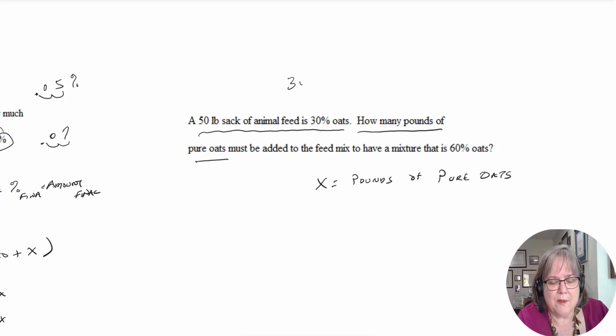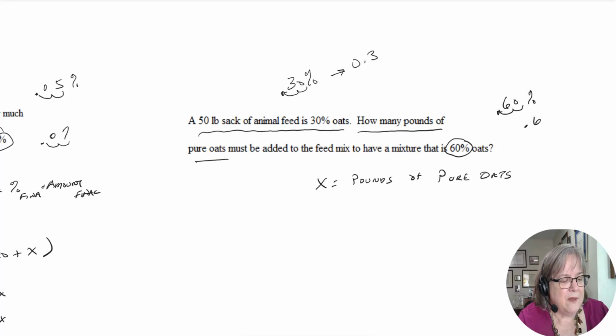You move the decimal 2 places to the left and drop the percentage sign. So this would be 0.3. What does 60% look like as a decimal? You move 2 places to the left, and you drop the percentage sign. So this is 0.6, right?